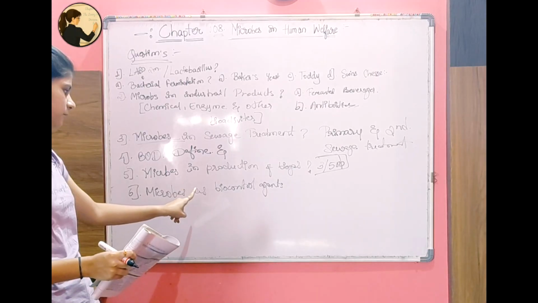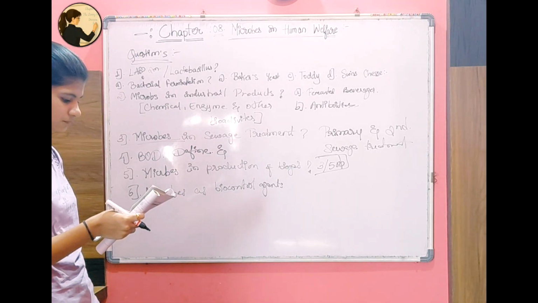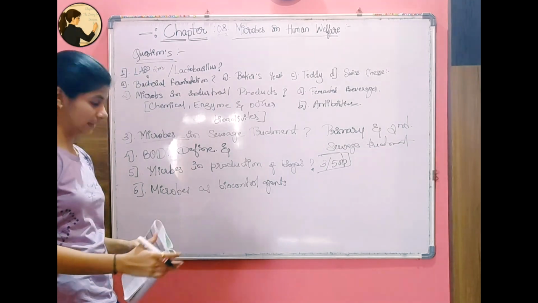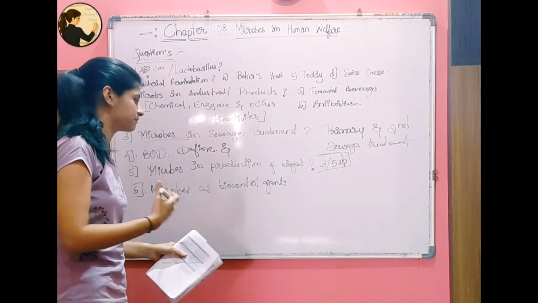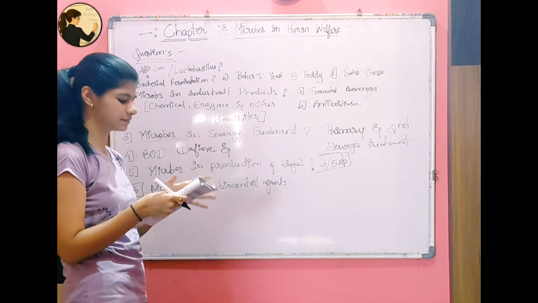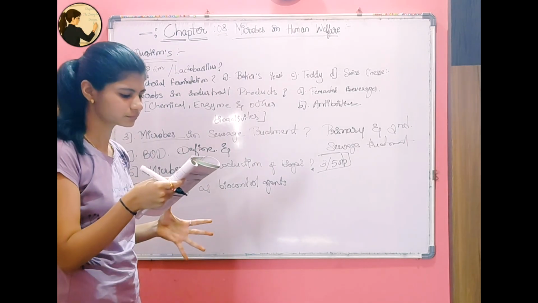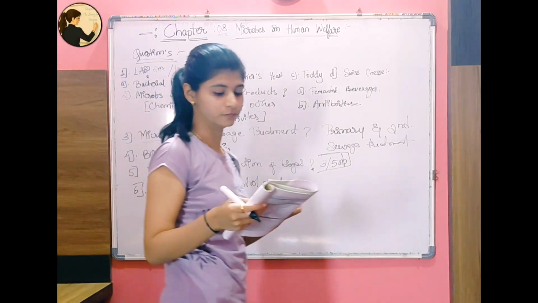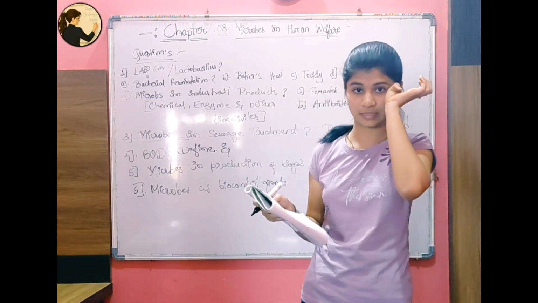The next question is of microbes as biocontrol agents. In this also you will write about microbes as biocontrol agents. What are biocontrol agents, the control which is for bio, that is environmental.